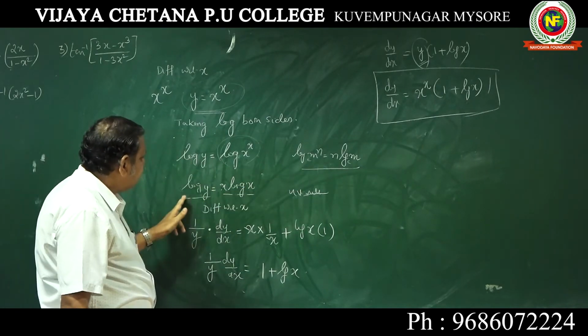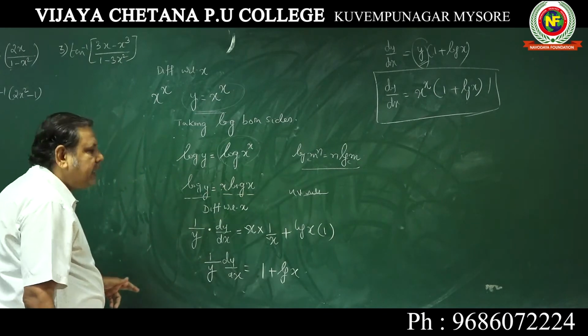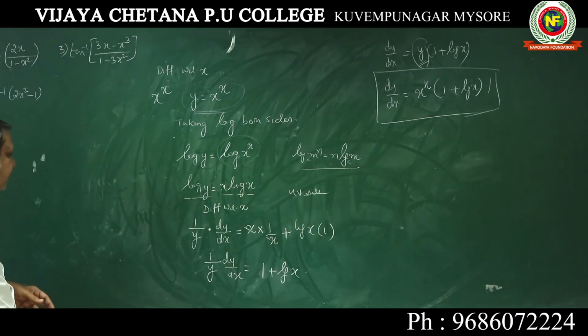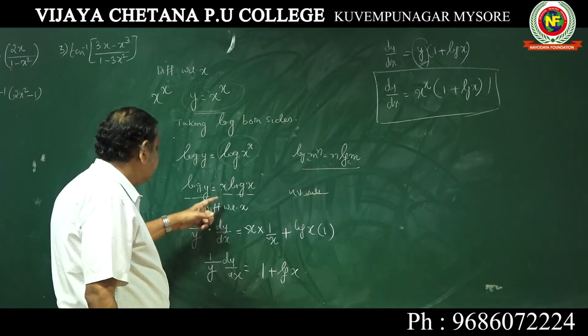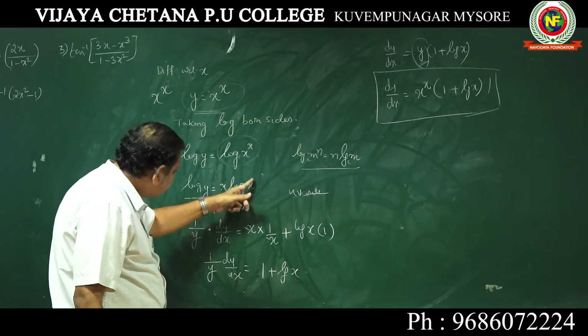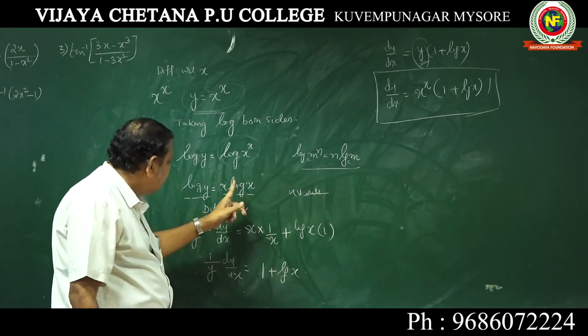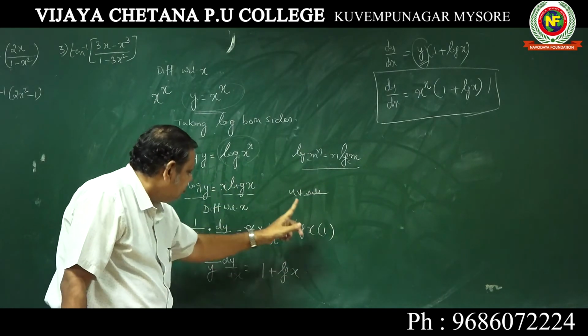Differentiate now. It is an implicit function. When you differentiate, 1 by y into dy by dx is equal to x into, applying the product rule, log x into 1 by x plus log x into 1.